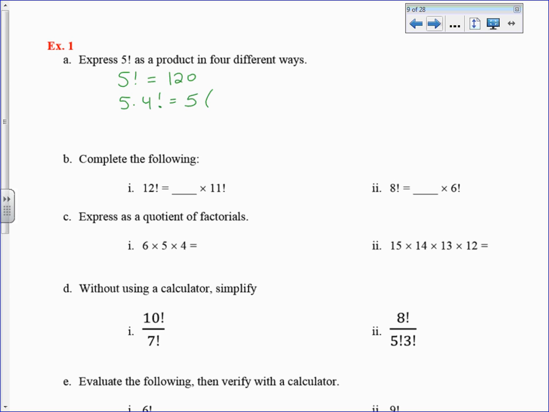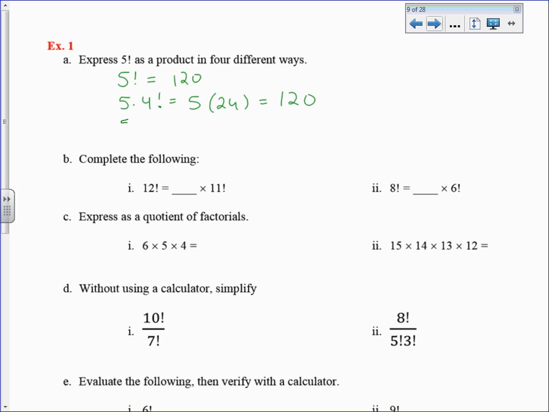4 times 3 is 12. No, that's not right, I made a mistake. 5 times 24 gives me 120, so 120 is right.